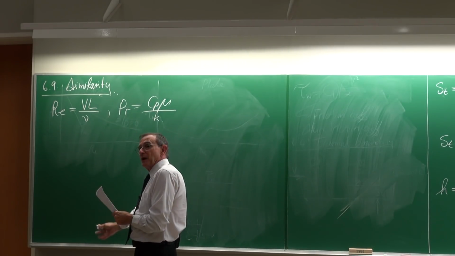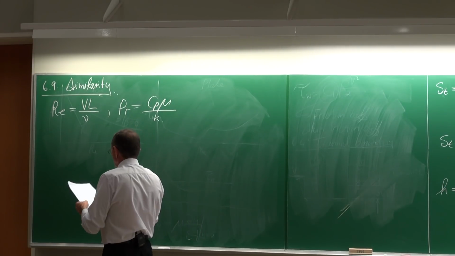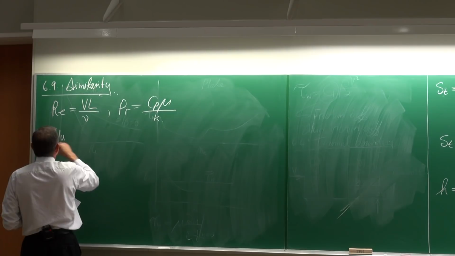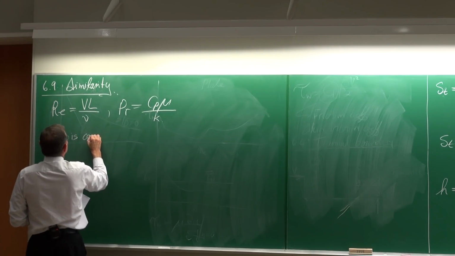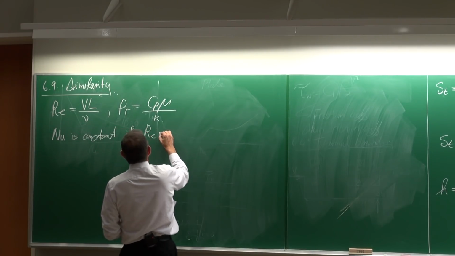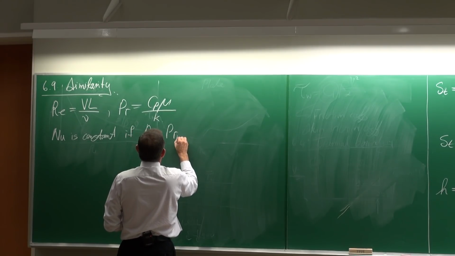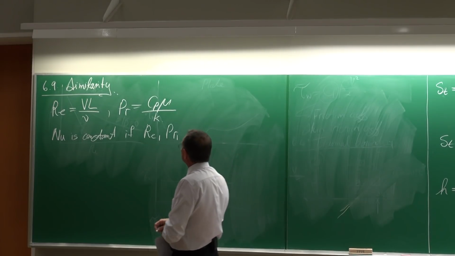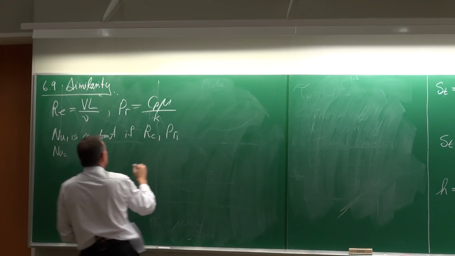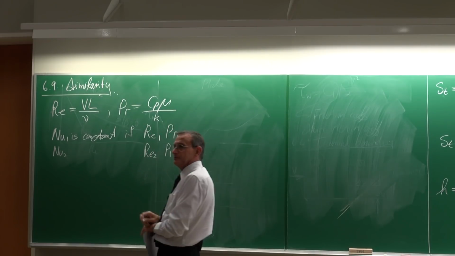And in this paragraph, which is quite mathematical, they're going to show a very important principle, and that is that the Nusselt number is constant if the Reynolds numbers and the Prandtl numbers are the same. I'm going to call it object 1 and object 2. So this Nusselt number 1 and this Nusselt number 2 can be associated with a Reynolds number 1 and 2 and a Prandtl number 1 and 2.